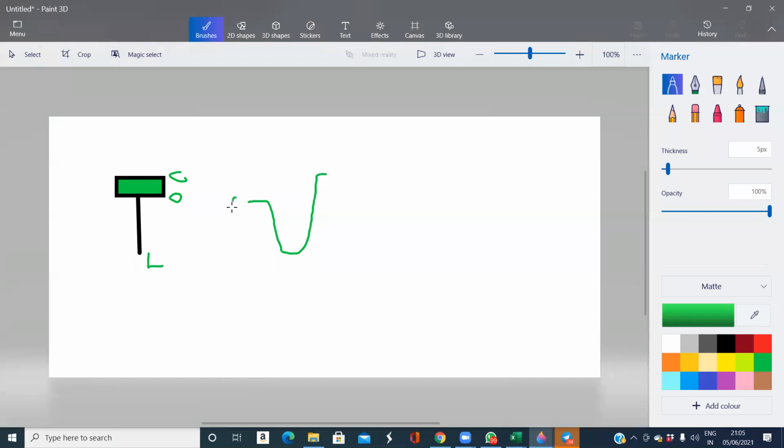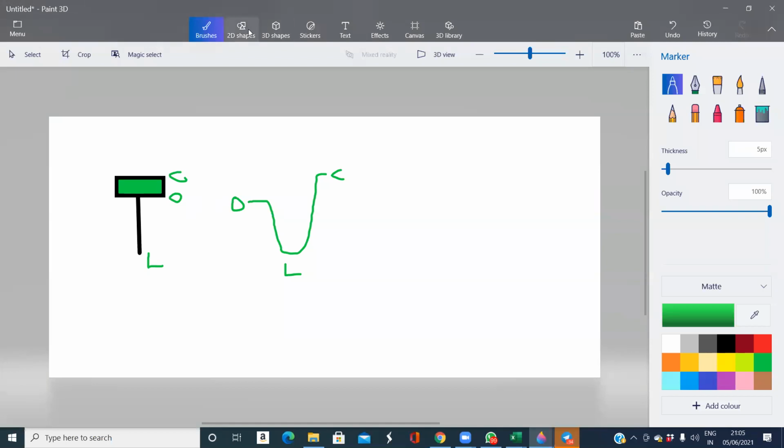So here it is open, here it is close, and here it is low. This is one of the bullish candles. Why is it bullish? Because the bears pushed the stock price down, but the bulls came and pulled the price up. So this is one of the bullish candles, the hammer.